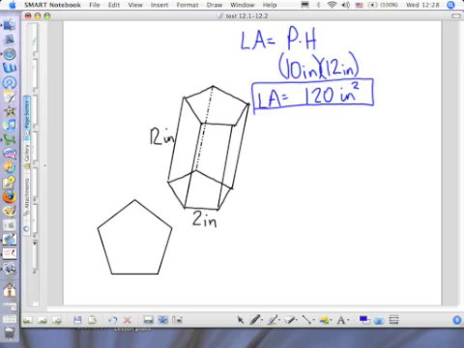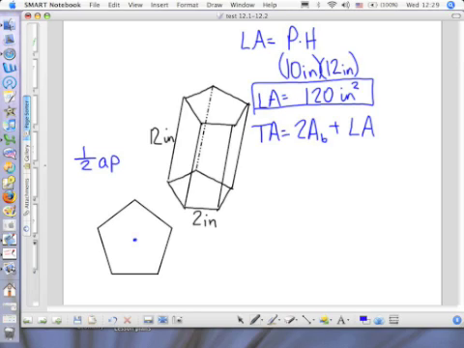Now my total area is equal to the area of the base times 2 plus the lateral area. Okay, well my base is a pentagon. How do you find the area of a pentagon? 1/2 AP.